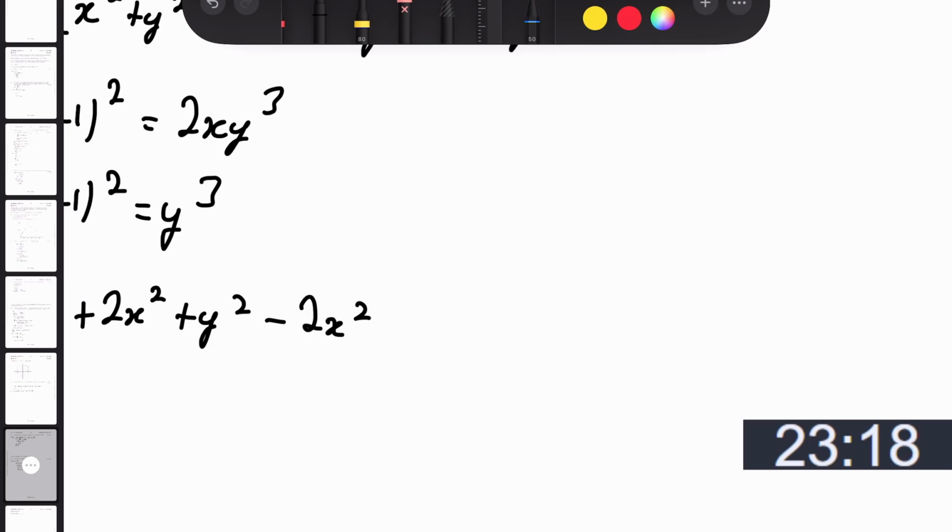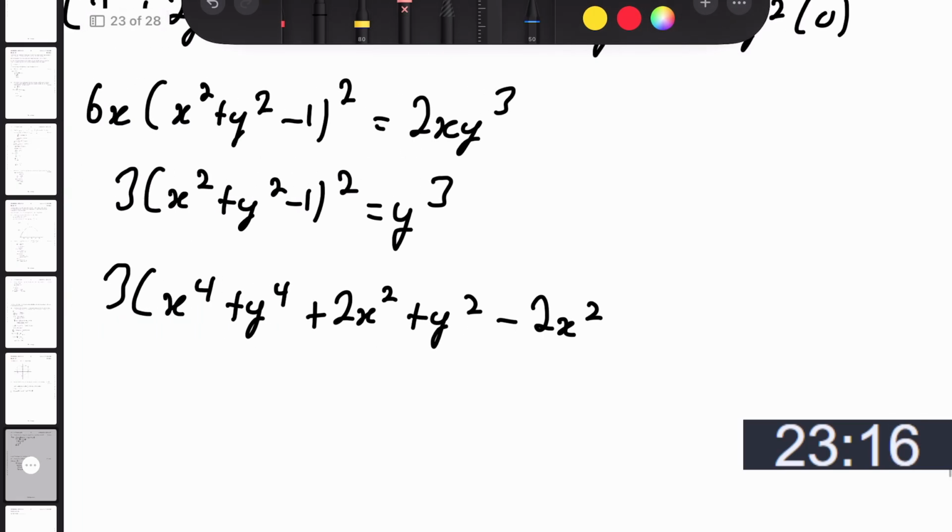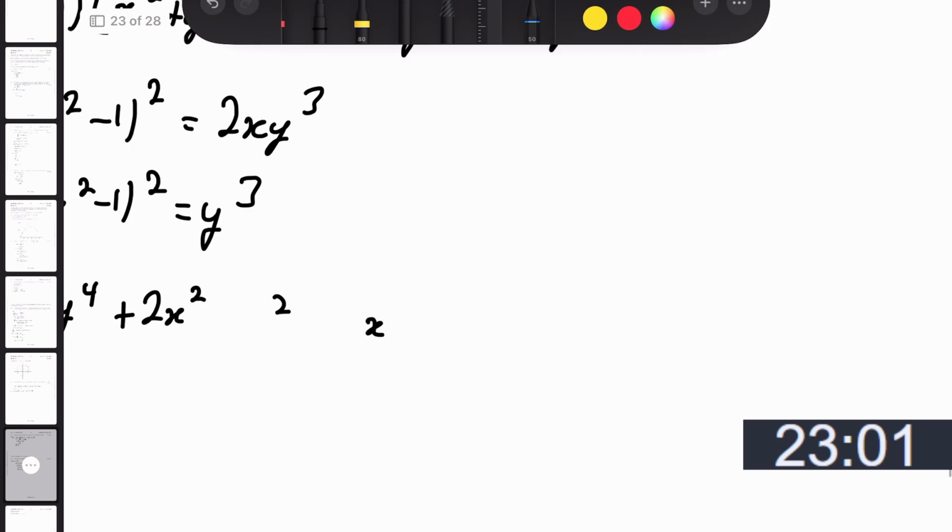Oh wait, hold on, I need to simplify this. Oh, not like that. Collect like terms. Combine. That didn't combine. Oh no, that's times. So 2x squared y minus 2x squared is 2y squared plus 1.